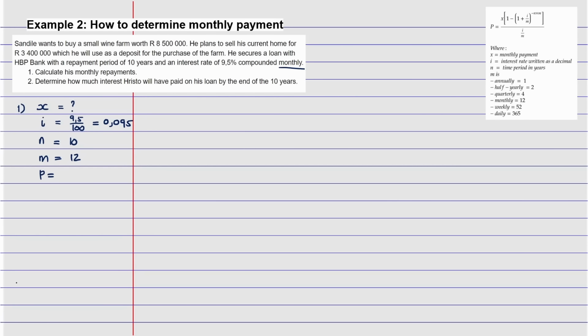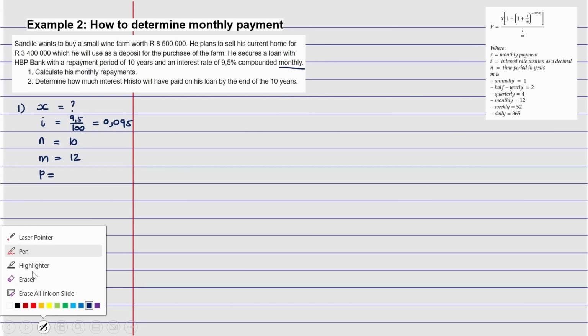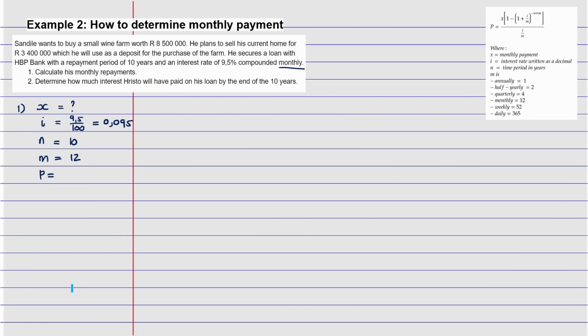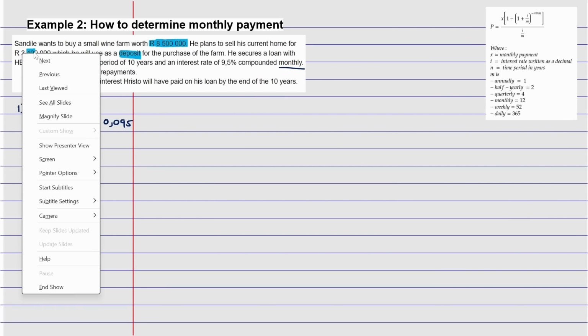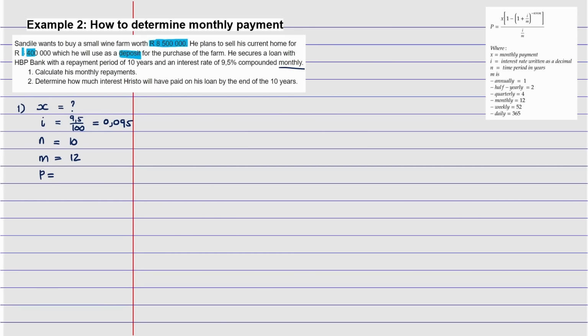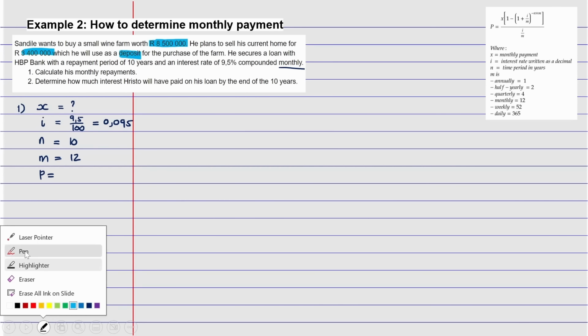But remember one important piece of information. I'm just going to highlight it. They said the farm is worth 8.5 million, and he's going to deposit the house that he's going to sell, which is worth 3.4 million. So the difference between the two is going to be the amount of the loan, how much he's going to take out.